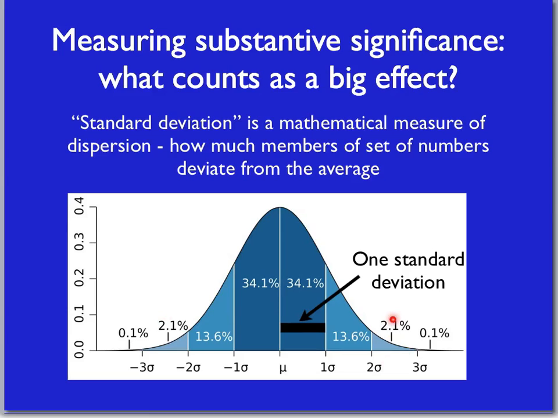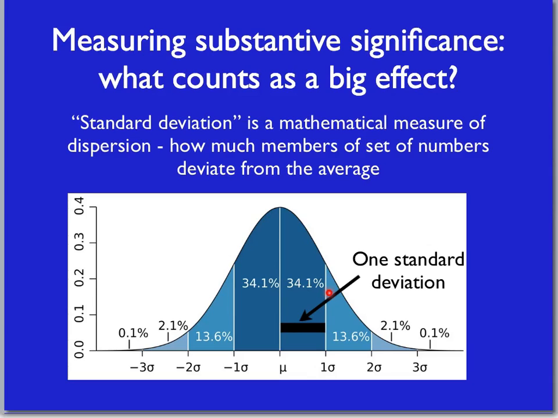And if you have a normal distribution, you then know something about the share of runs or trials of your coin flipping experiment that will come in within one standard deviation of the mean or average value. It turns out that 68.2% of all of your runs will come in within one standard deviation.